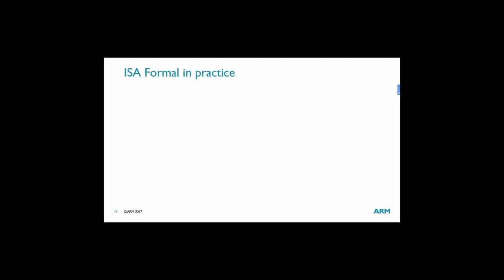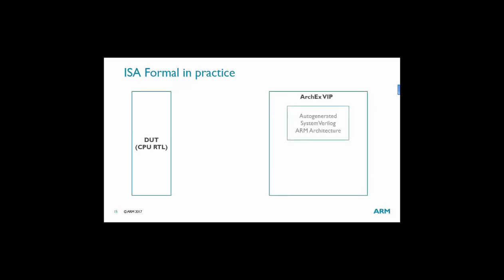So no persistent state whatsoever. So how do we actually apply this to a real processor? Well, you start off with the DUT, the CPU RTL, the SystemVerilog, and you have the ArchEx VIP. You have the auto-generated ARM architecture, and somehow we need to use this to do verification.